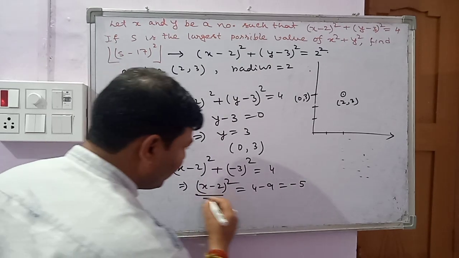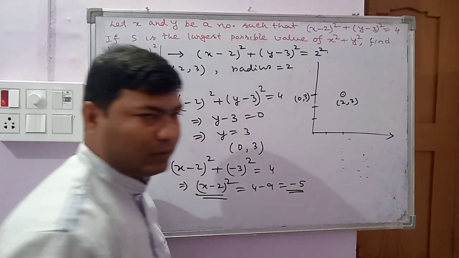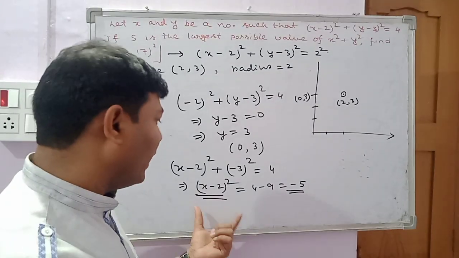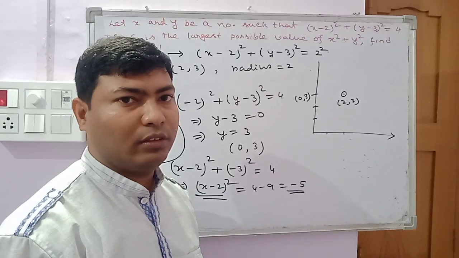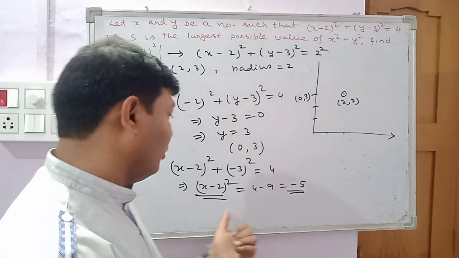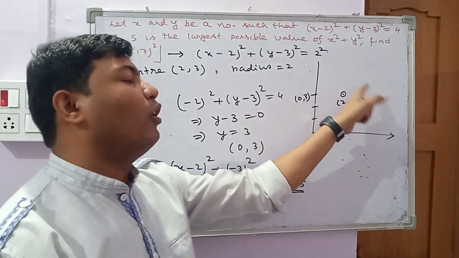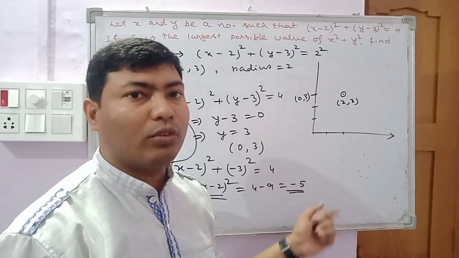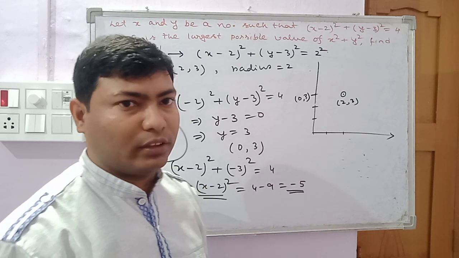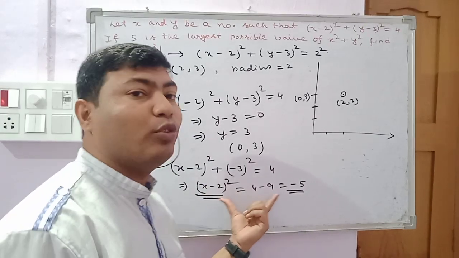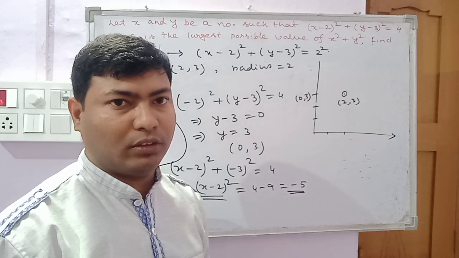The square of a number is negative. What does it imply? It implies that the graph will not touch the x-axis, because this equation has no real solution.